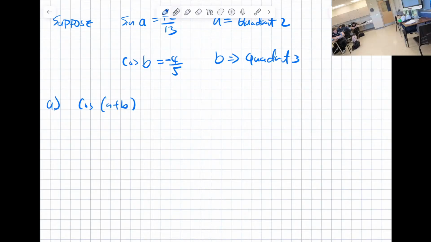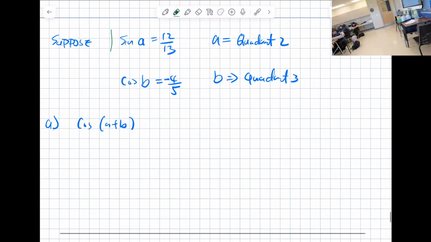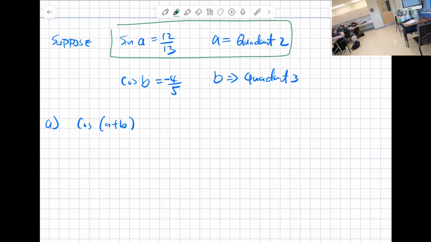So first things first, there is an angle A, and angle A is in quadrant 2. So I'm going to draw it in quadrant 2, and this is A. This is 12, and this is 13.